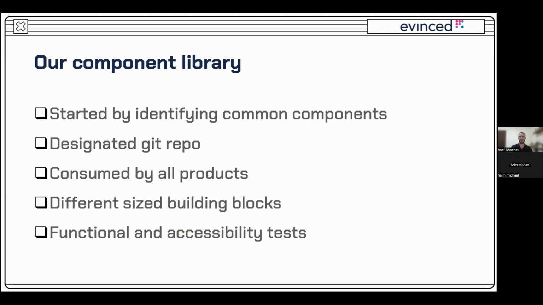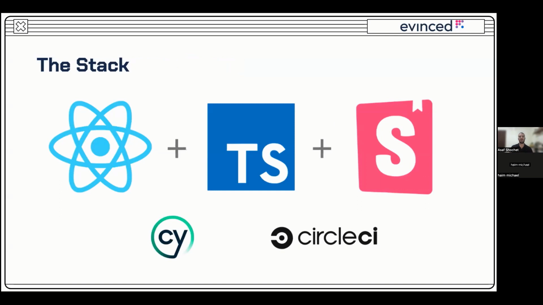So this is the stack we used. We used React and TypeScript to create the components. We used Storybook to create stories for them, or to create a visual representation of the component that is rendered without any wrapper.